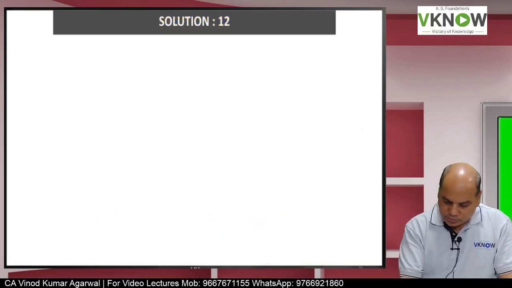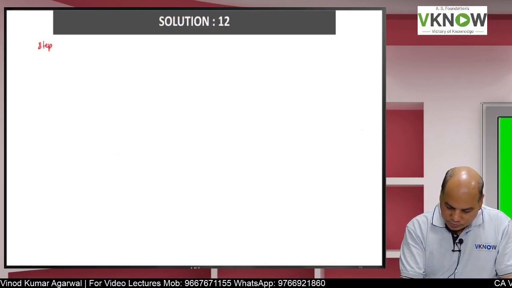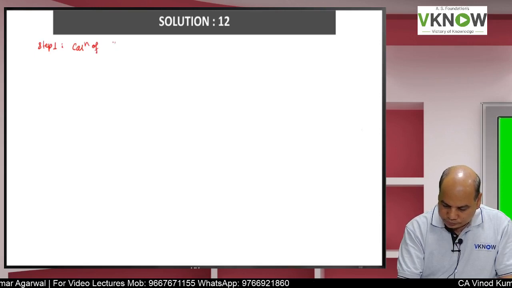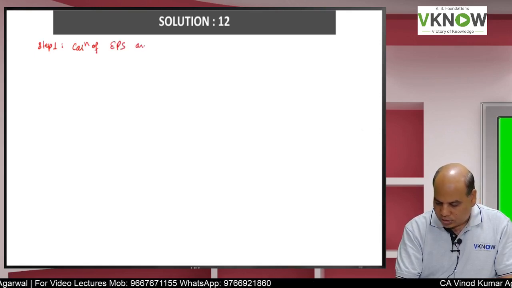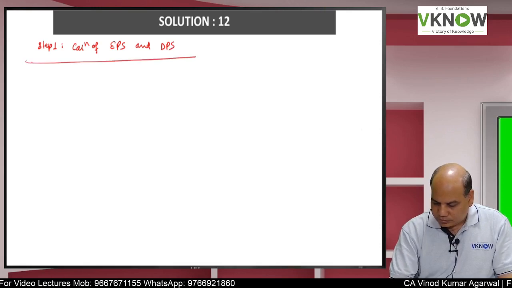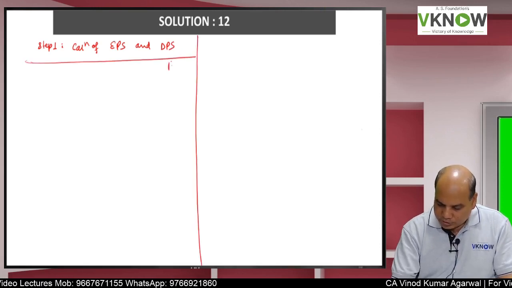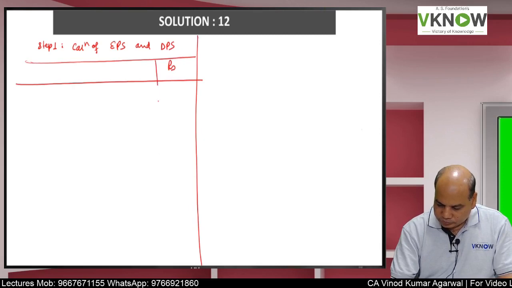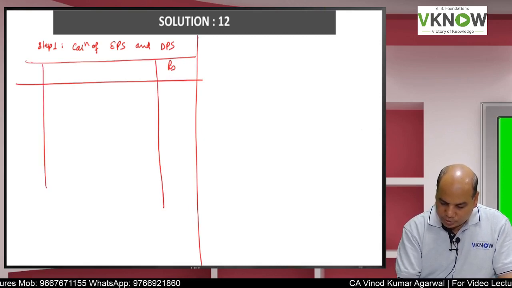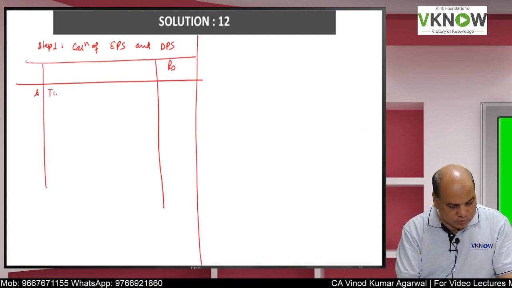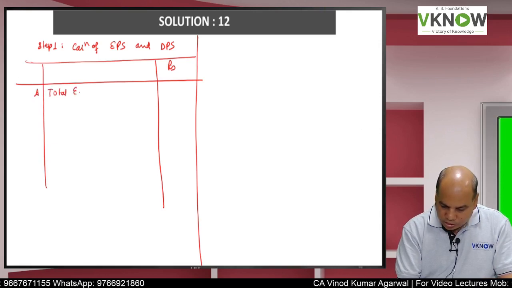First we'll make step 1. Calculation of EPS and DPS, earning per share and dividend per share. So first, point A is total earnings.